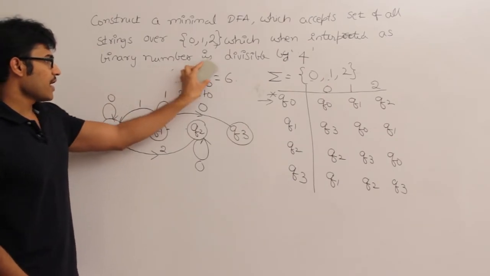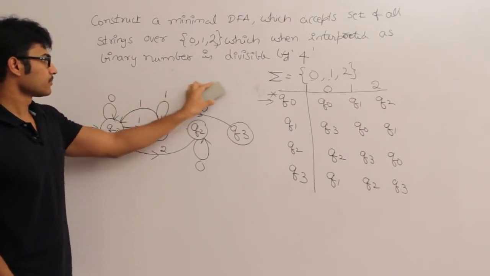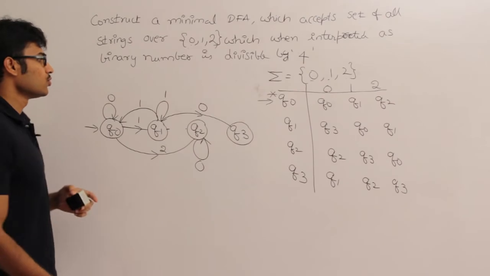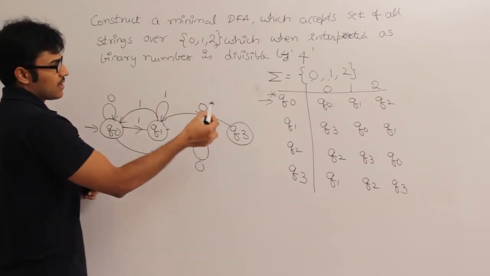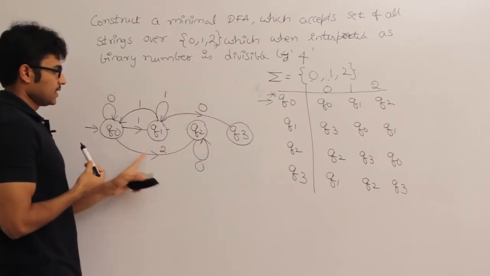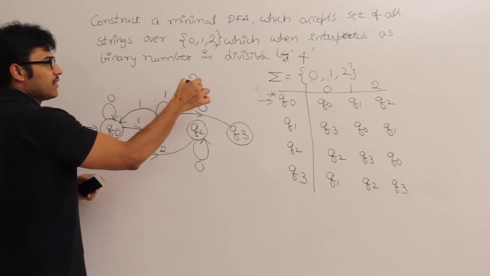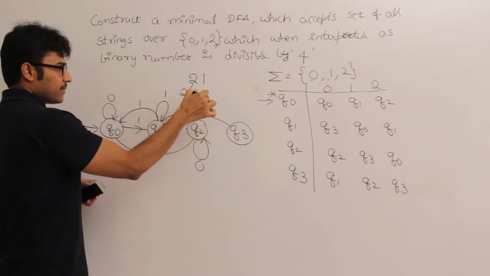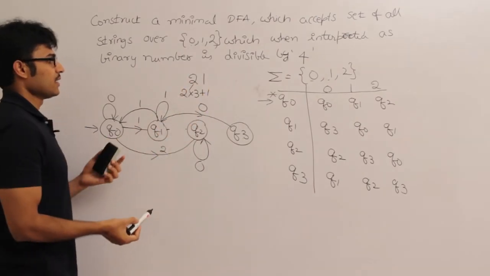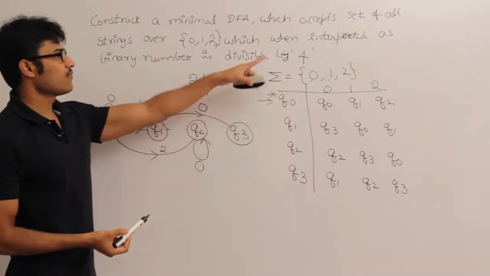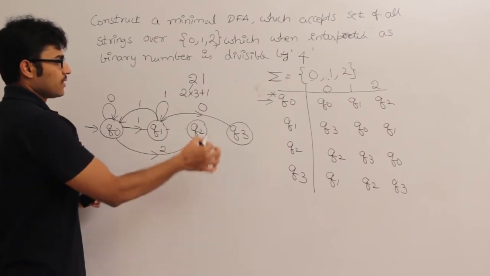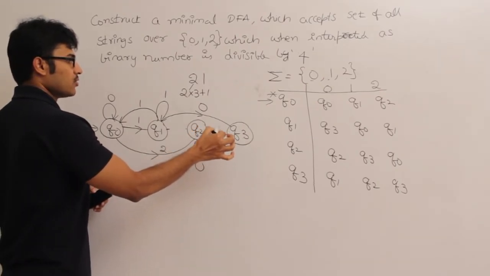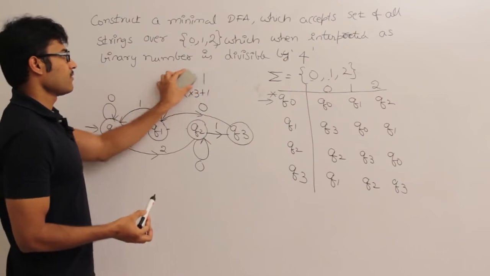Now if I am in Q2, I will see a 1. So after seeing 2, I might see a 1. So what does it mean? Then it is 2 into 3 plus 1, which is equal to 7. So 7 when divided by 4 will give a remainder of 3. Therefore on 1 I'll be going to Q3. Fine.